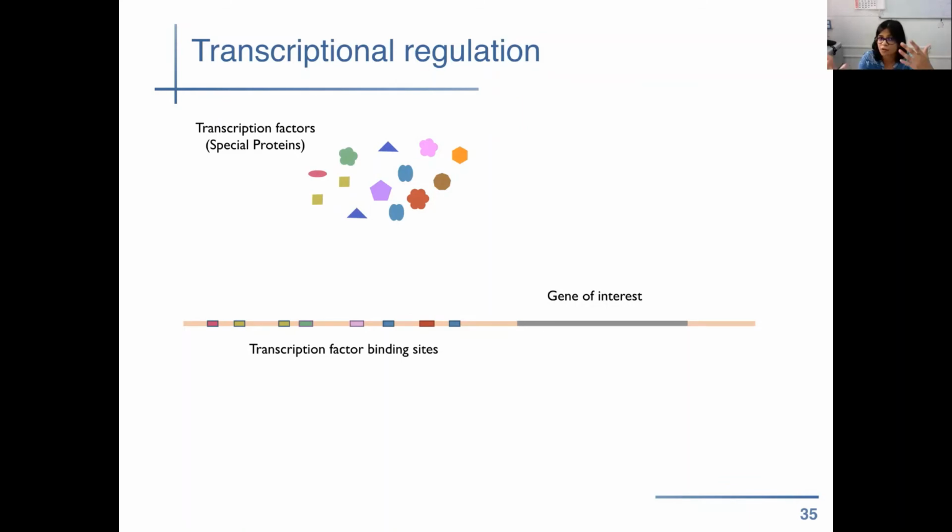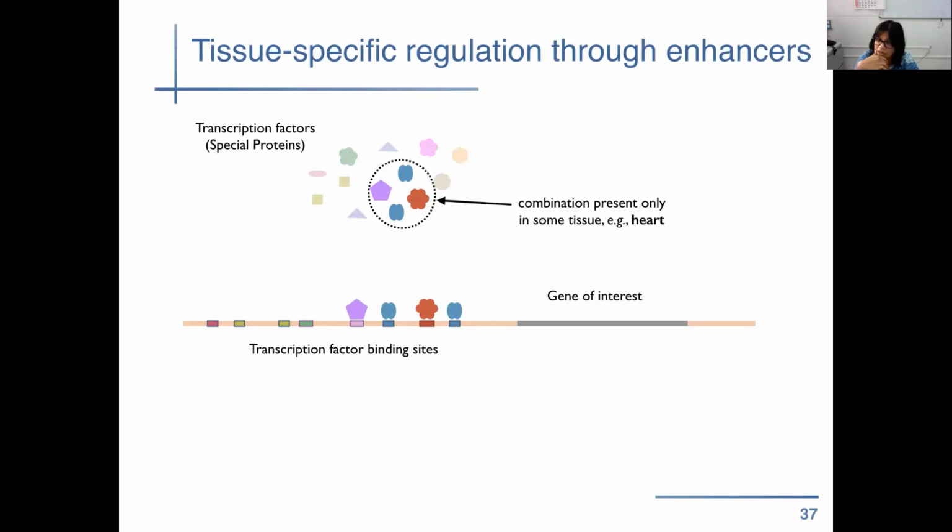Now, let's say you're looking at some tissue, the heart. You have a set of transcription factors or proteins that are going to be present in that tissue at that time. Remember, not all proteins are present in all cells. So in the heart, you're going to have a small subset of all possible proteins. And if the binding sites of these proteins exist on the DNA, they might be bound by these proteins, because they're around.